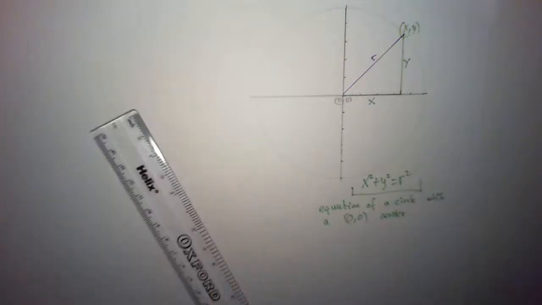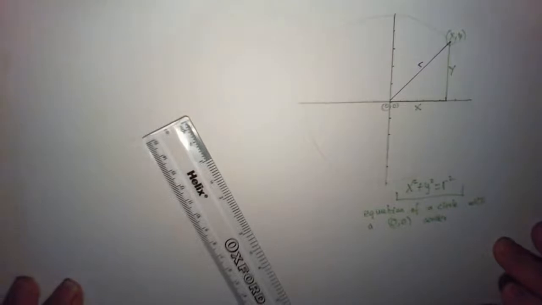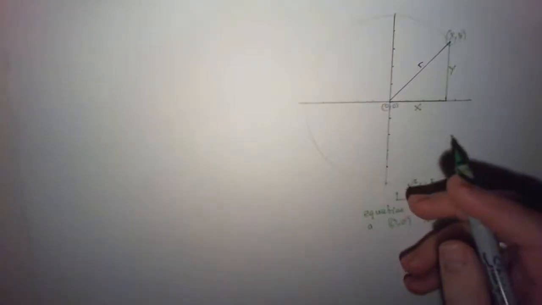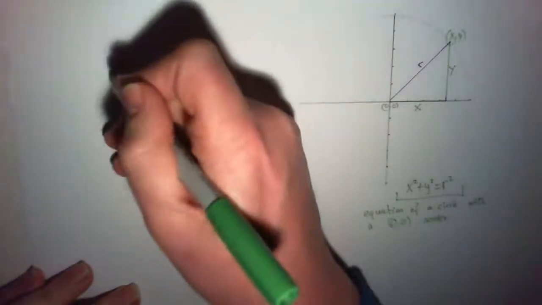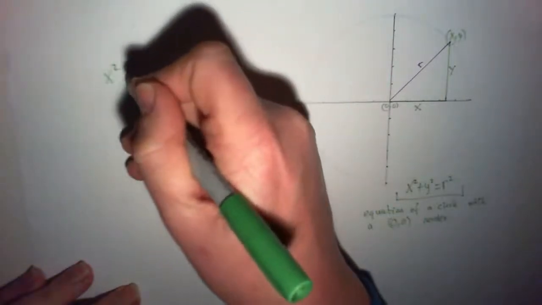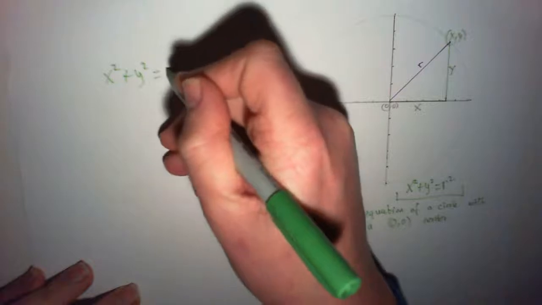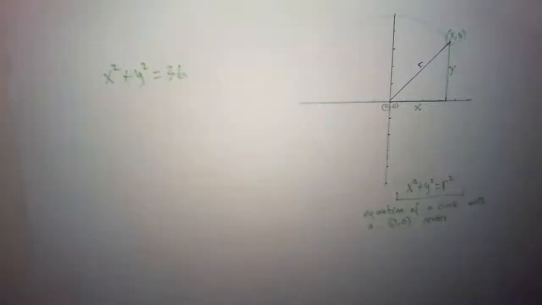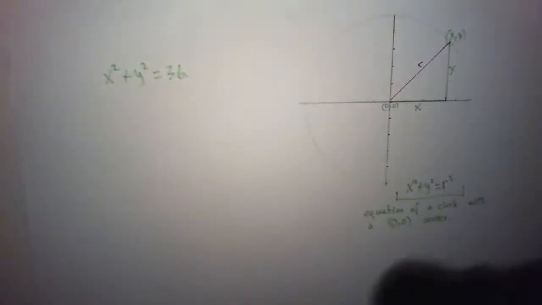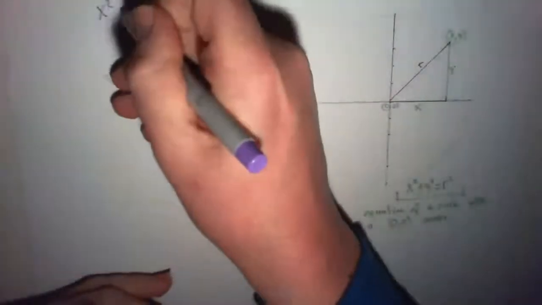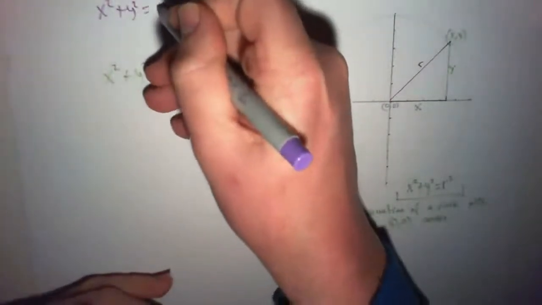So I'm going to show you this in a few different ways. Over here we'll have a look. Let's say I give you an equation like this. Remember, our generic equation is x squared plus y squared is equal to r squared.